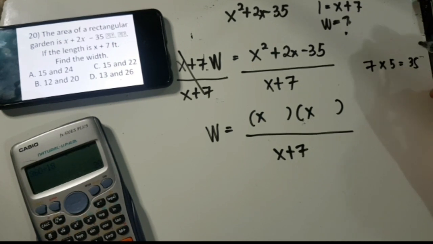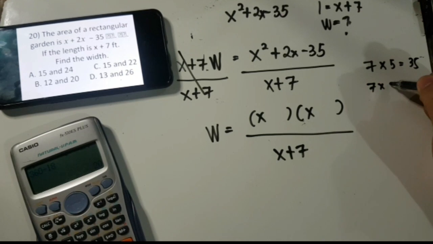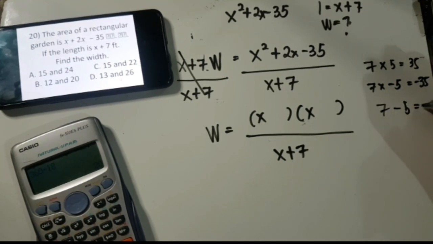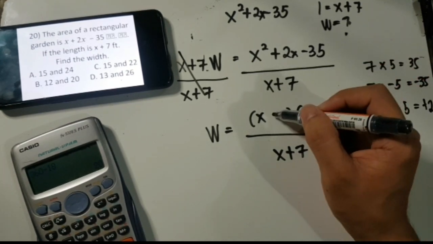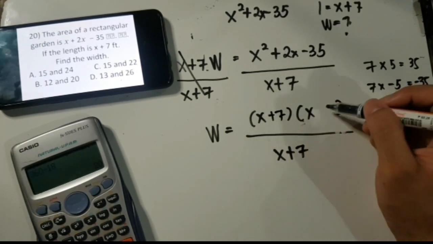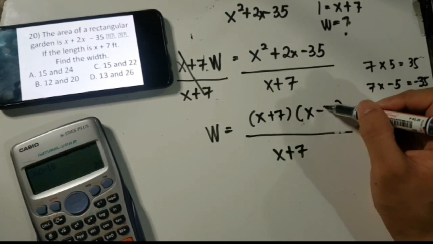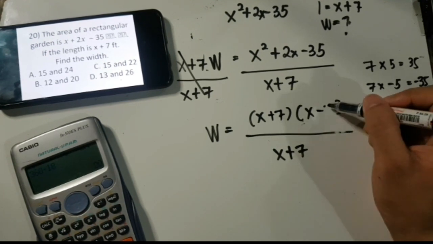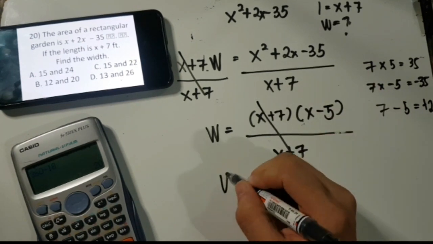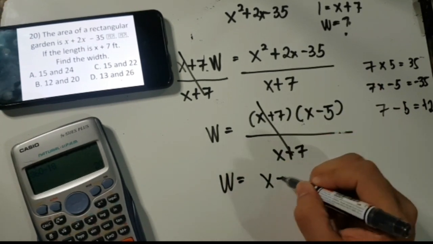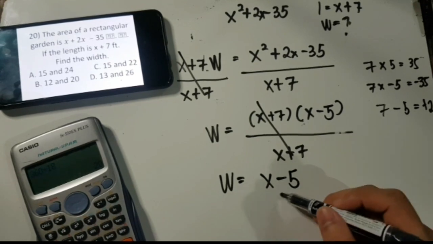That is positive 35. Hindi pwede. 7 times negative 5. That is negative 35. So, isipin nyo kapag inadd nyo si 7 and negative 5. So, 7 minus 5. That is positive 2. So, the factors are x plus 7 and x minus 5. So, we can cancel this. So, width is equal to x minus 5.